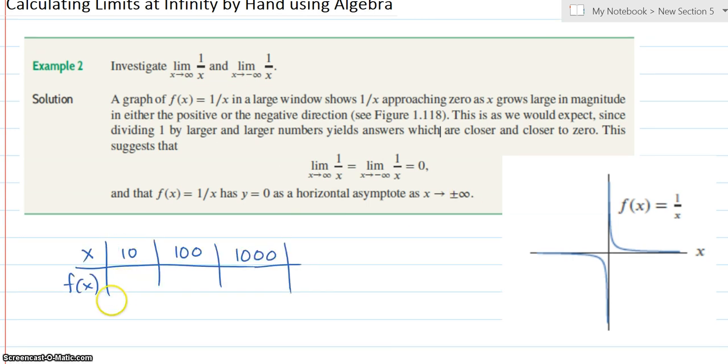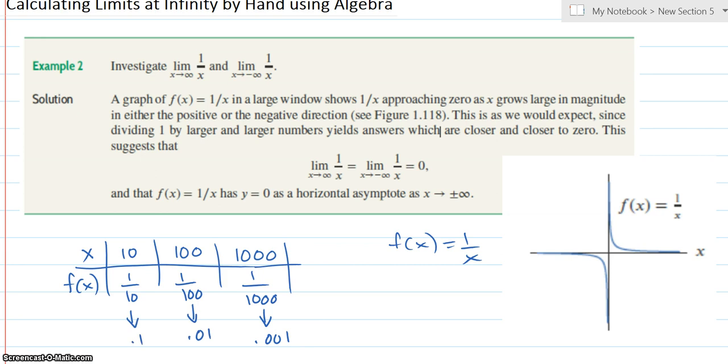You can also see this by making a table. Let's look at f of x equals 1 over x. If we plug in a 10, we get 1/10, which is 0.1, then 1/100th, 0.01, then 1/1,000th, 0.001.